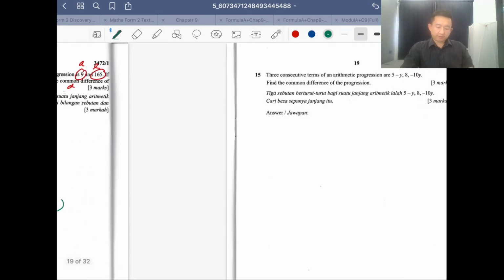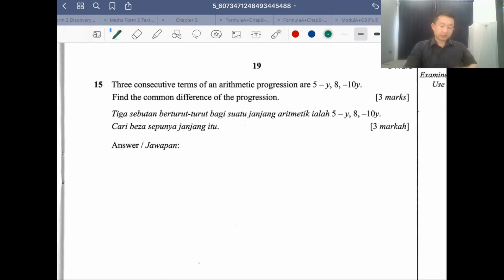Okay. 15. Three consecutive terms. Consecutive for an AP, so they share the same common difference.